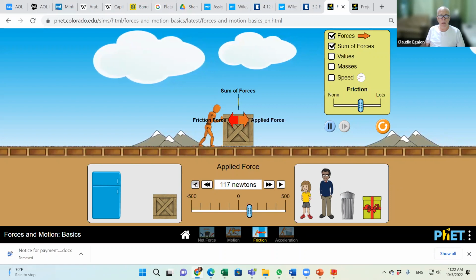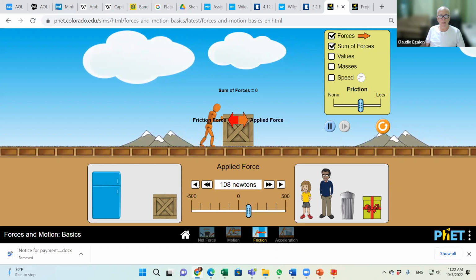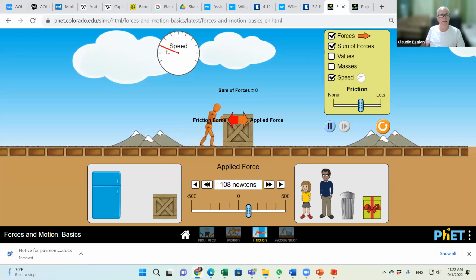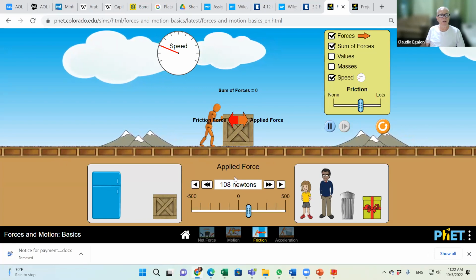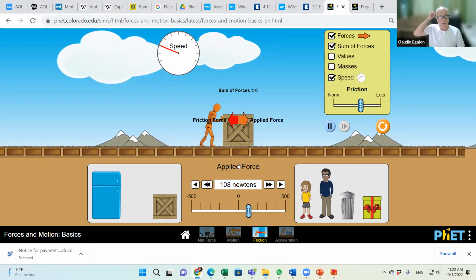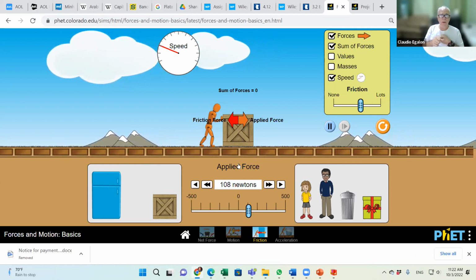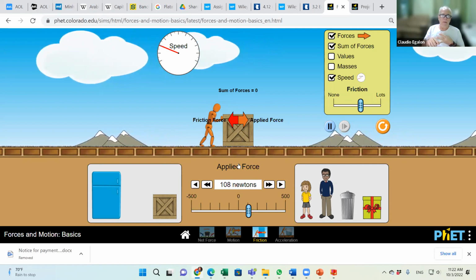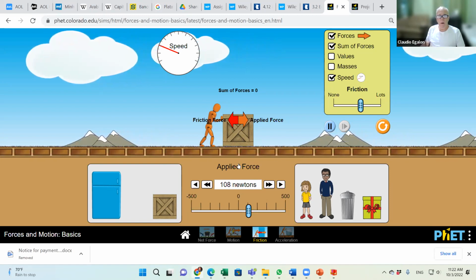When you get net force equal to 0, the object is going to move with constant speed. See that? Net force equal to 0, constant velocity. Net force equal to 0, either constant velocity or object at rest, right? And the opposite also works as well.